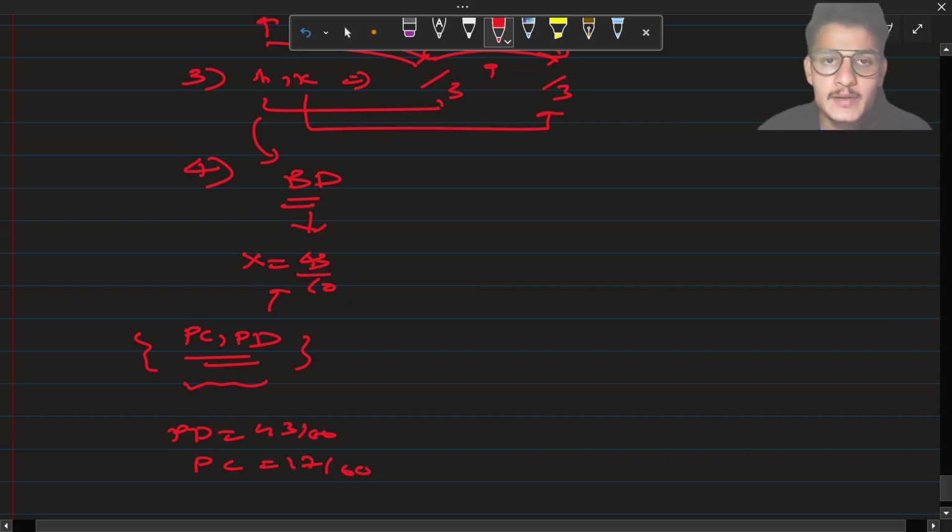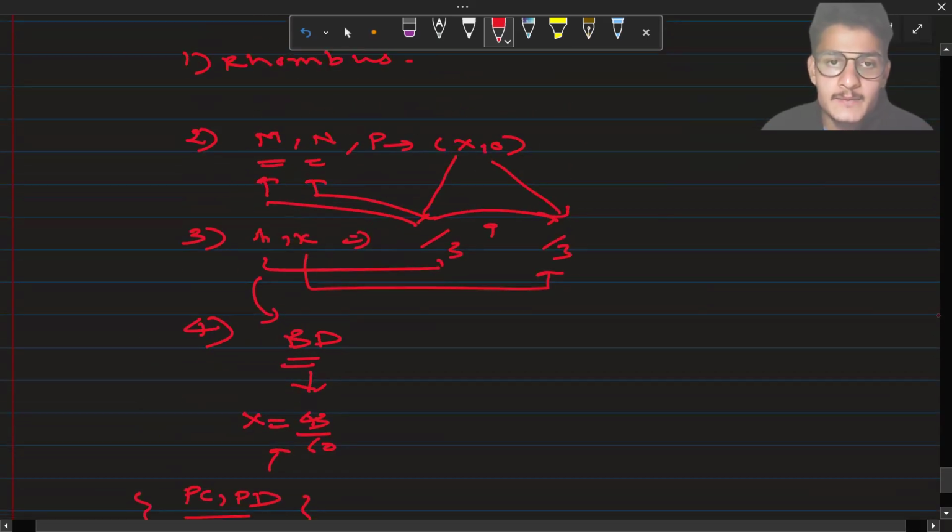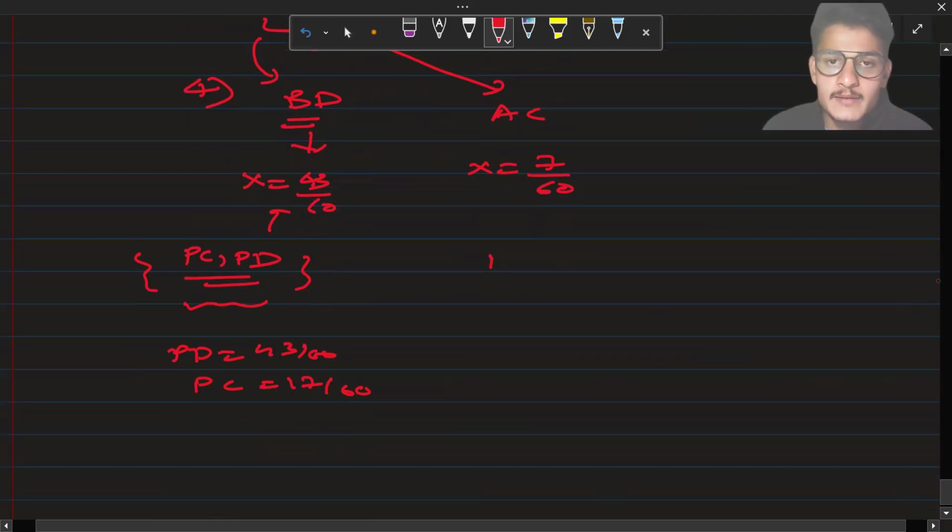And then in a similar manner, if we satisfy H and K on the AC, x comes to be 7 by 60. Now again we will get the PD value as 7 by 60 and PC will become 1 minus that, which is 53 upon 60.